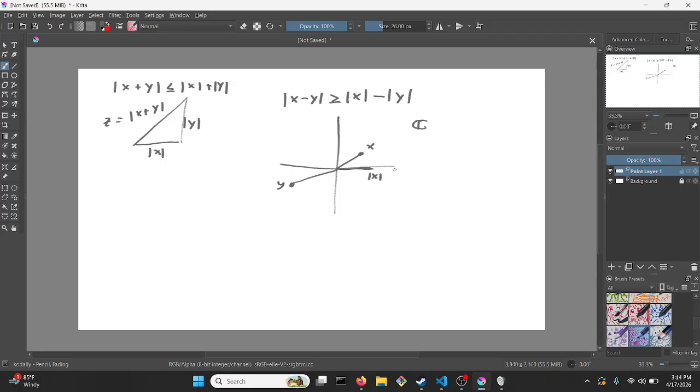Something like this, and also probably something like this, right? It's saying that this distance on the real plane between them when they're flattened is less than or equal to this longer distance of them in the whole complex space. And I feel like that intuition was pretty cool.